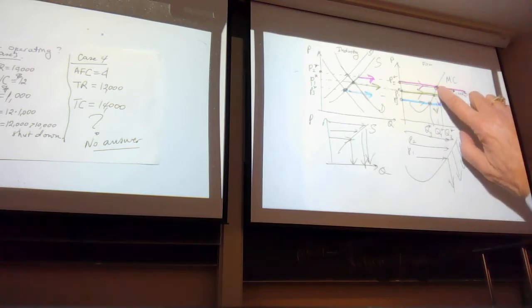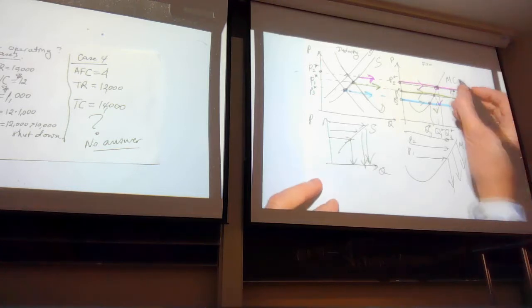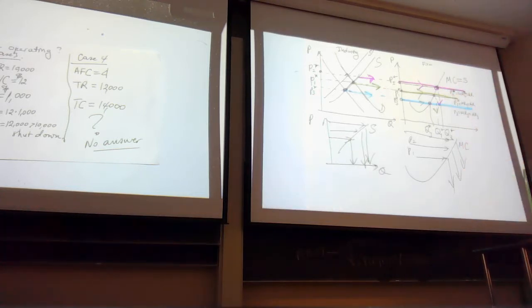And I stop when I find my marginal cost because I said marginal revenue equals marginal cost each time. That gives me the quantity. So it acts like a supply curve. So I'm going to say marginal cost equals supply for the firm. So the marginal cost curve is the supply curve for the firm.